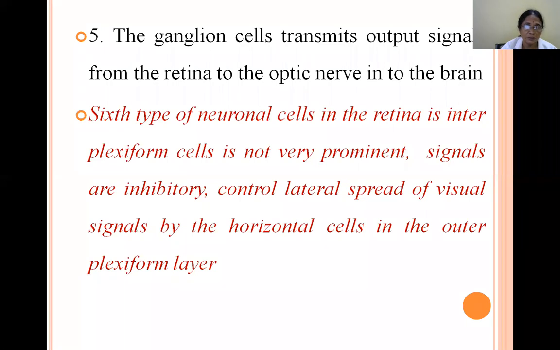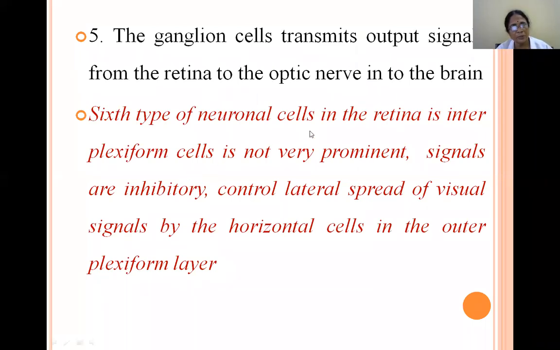From here, the signals go to the inner plexiform layer, where the ganglion cells and amacrine cells are. Amacrine cells are interneurons. The axons of the ganglion cells form the optic nerve, and the signals are transmitted from the optic nerve to the brain.